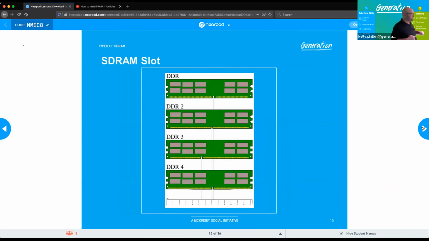All right. Here's a basic picture of SDRAM. To give you an idea as to generation, they move around that notch that we were talking about right here.